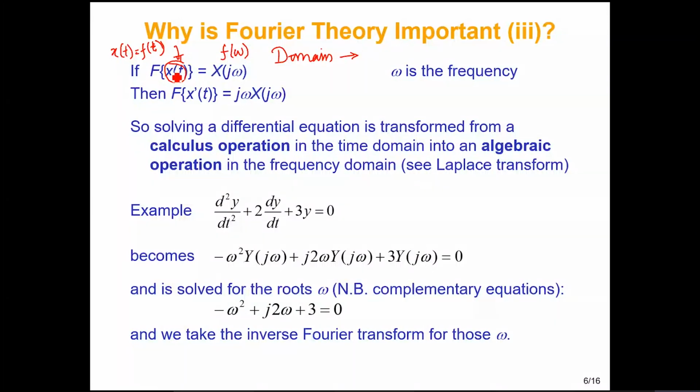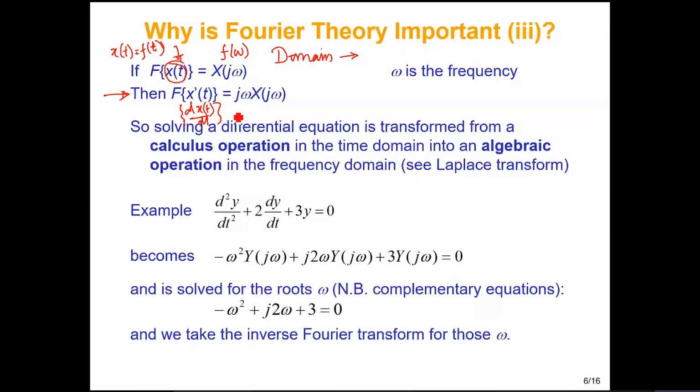The other important and beautiful feature of the Fourier transform is, if the Fourier transform of x of t is X of j omega, then the Fourier transform of the derivative of x of t, x prime of t, would be the same X of j omega multiplied by j omega. This is a very important feature of the Fourier transform.